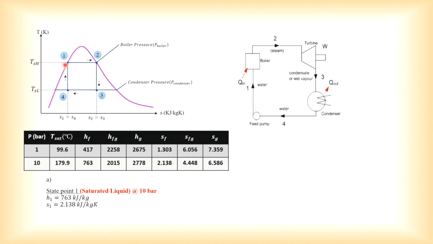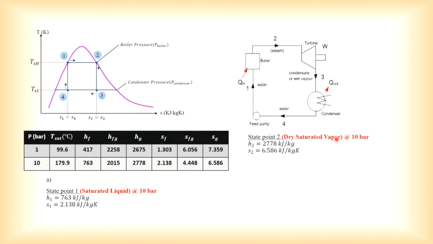HF is your H1, and then your SF would be your S1, so 2.138. This is for saturated liquid, because F refers to saturated liquid. Don't forget. Then you can move to state point 2, point by point.